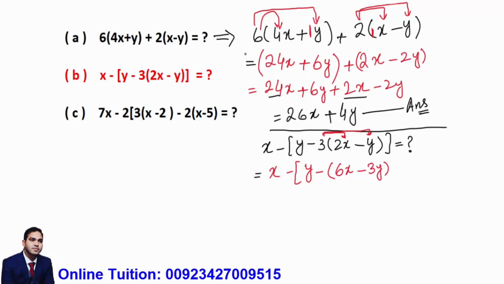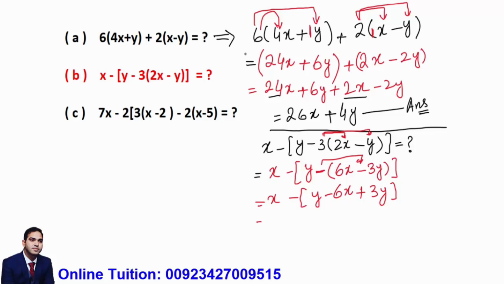Okay, now x negative this y, open this bracket, this is negative sign, this 6x will be negative 6x, and this negative multiplied with this will be plus 3y. When a negative sign is out of the bracket, all the symbols in the bracket will be changed.